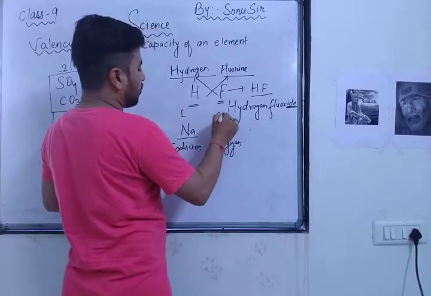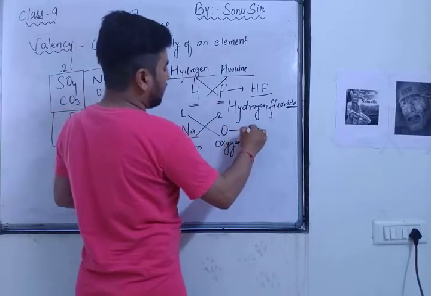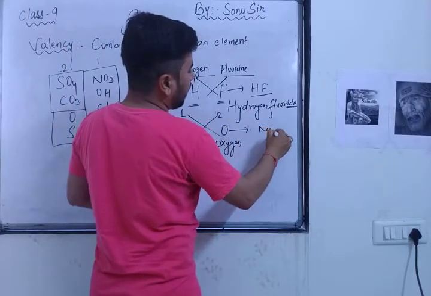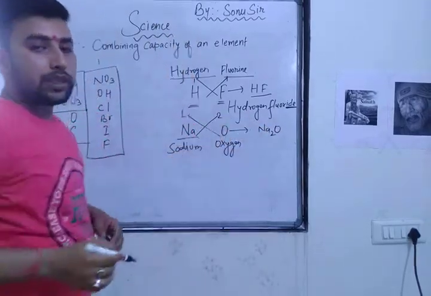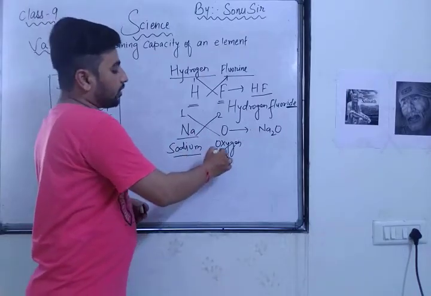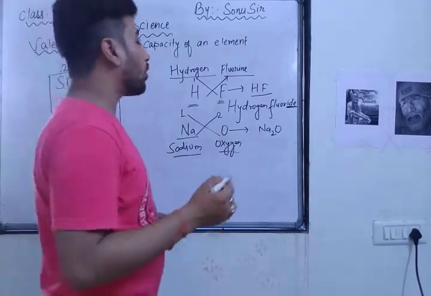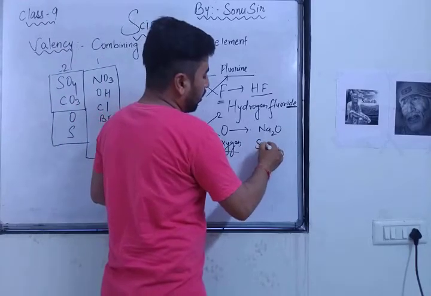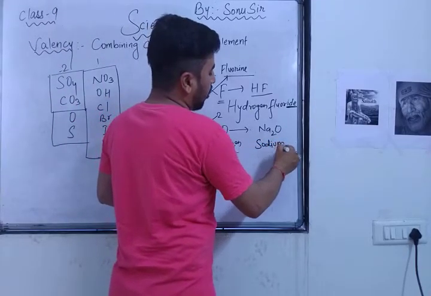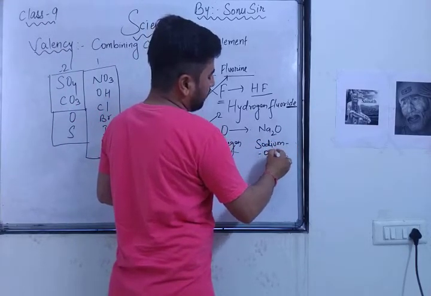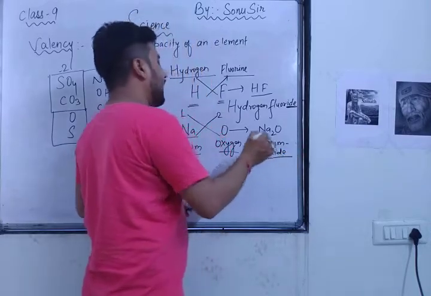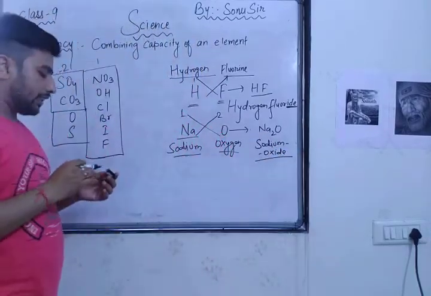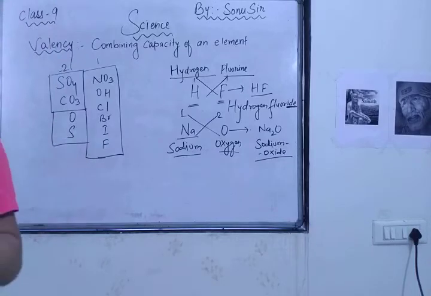Oxygen valency is 2. When these two elements combine, they will form a compound called Na2O. Can you tell me what will be the name of this compound? Sodium and oxygen: sodium oxide.